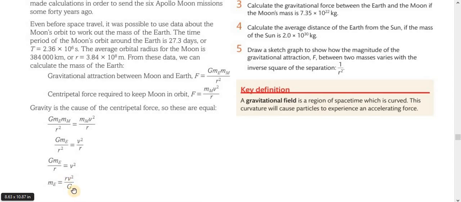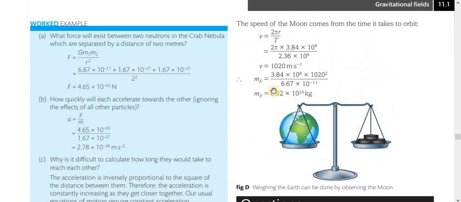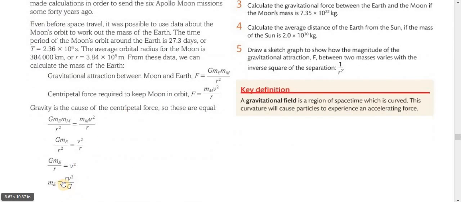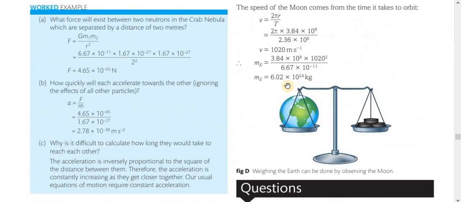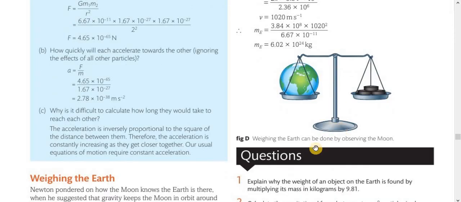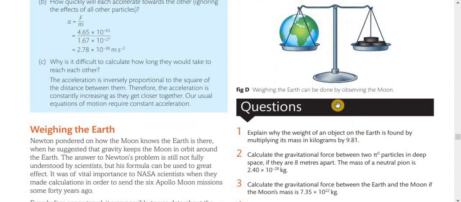G also we know it's a universal constant, the universal gravitational constant. So using this we can find the mass of the earth. Substitute those into this equation, R, V and G, then you will get this one. Everything was substituted in SI units, so you get your answer also in SI units. So weighing the earth can be done by observing the moon. That's what we did just now.